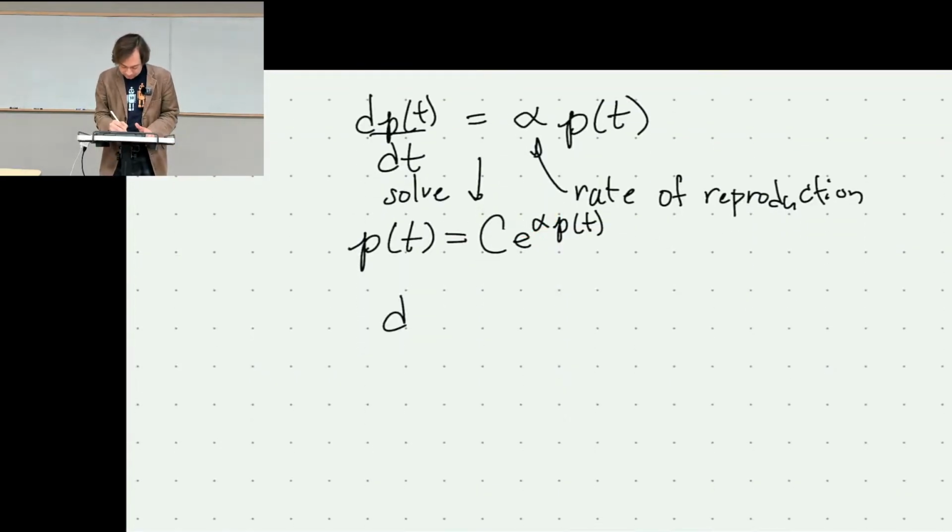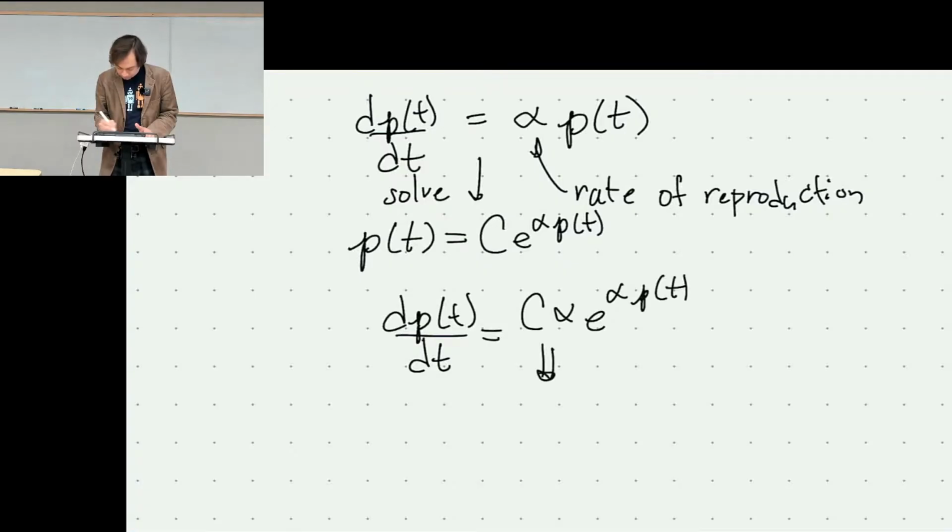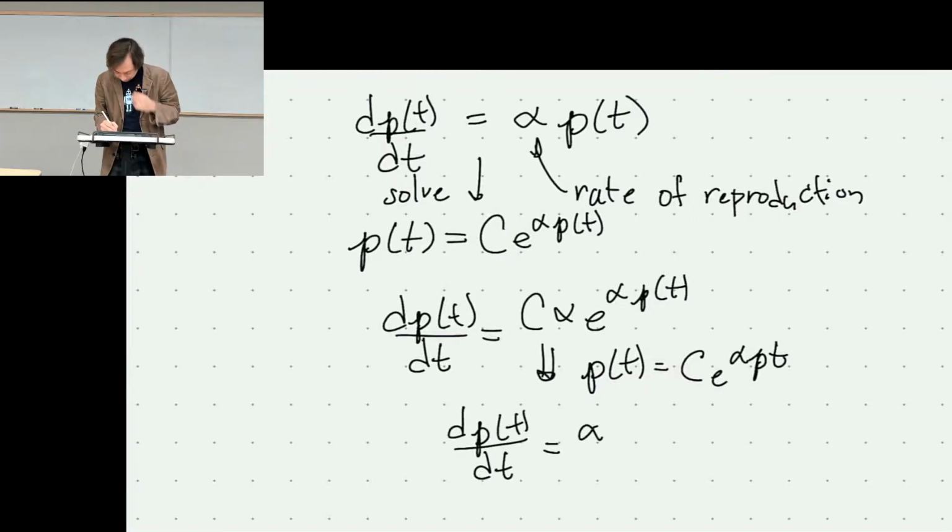So if you were to take dp dt of that, it's going to become c times alpha e to the alpha t, and therefore because p of t is equal to c e to the alpha t, that means that this and this become p of t, and therefore dp of t dt is equal to alpha p of t.